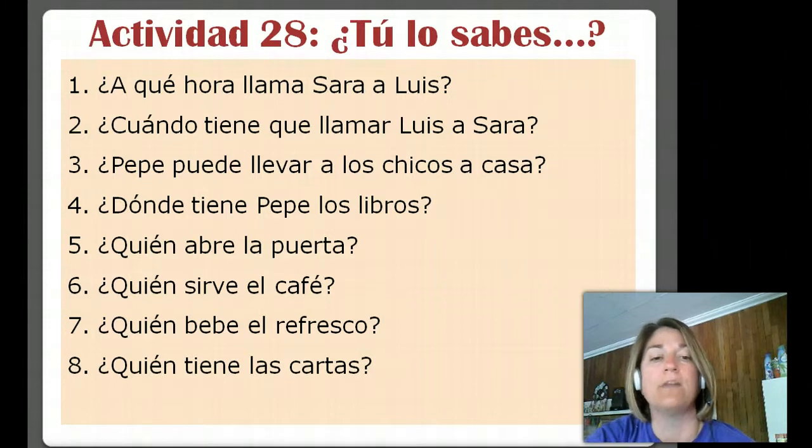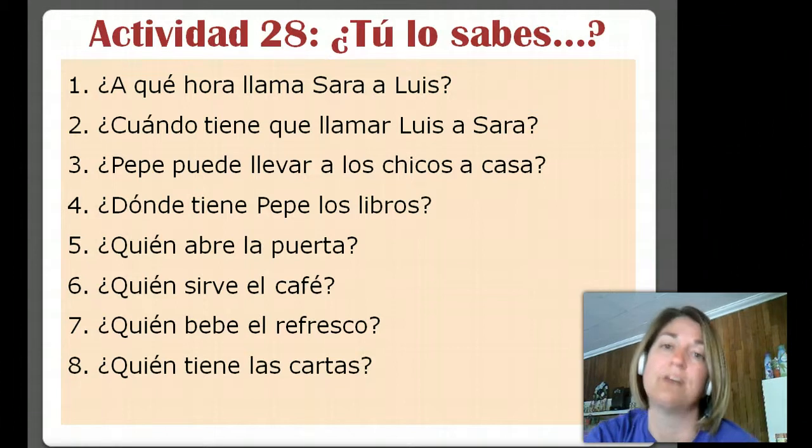Dos, ¿cuándo tiene que llamar Luis a Sara? When does Luis have to call Sarah? So we'll say he has to call her at 4. So Luis tiene que llamarla, call her, a las 4. Pepe puede llevar a los chicos a casa.